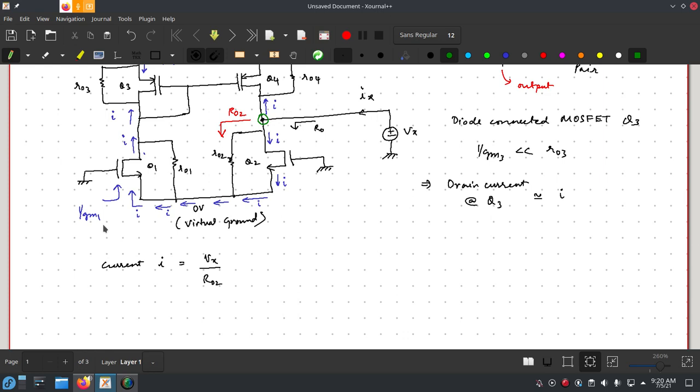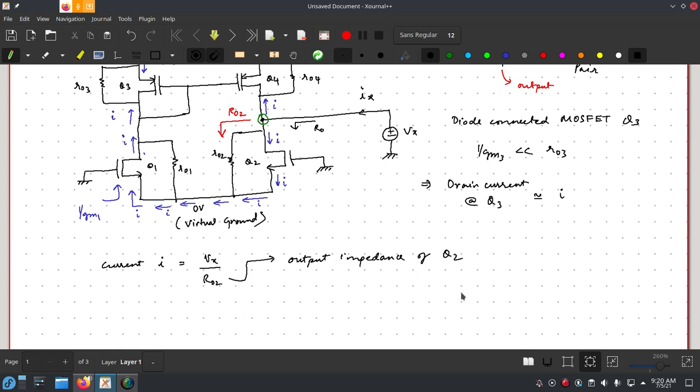Vx divided by R02, the impedance in the downwards direction, gives me current I. So I have to find out what this R02 is now. R02 here is actually the output impedance of transistor Q2.